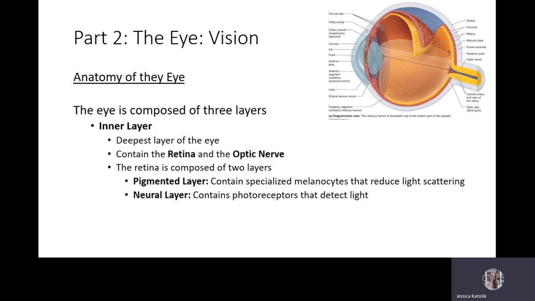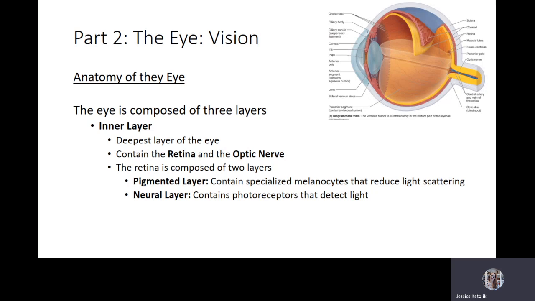Now let's talk about the inner layer of the eye. The inner layer of the eye, or the neural tunic, is going to be the deepest layer of the eye, and it's illustrated here in yellow. And this is going to contain things such as the retina. The retina is going to contain the photoreceptors that are responsible for detecting light and transmitting that light into an action potential.